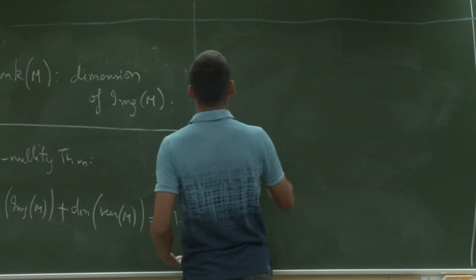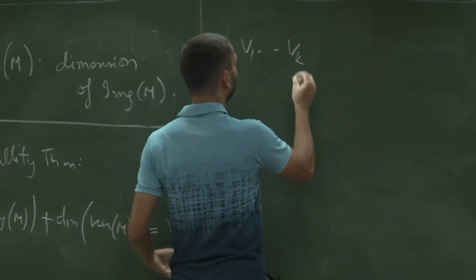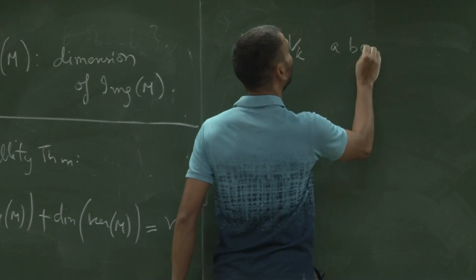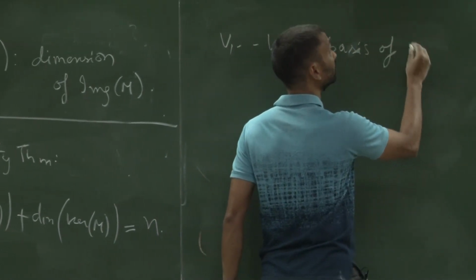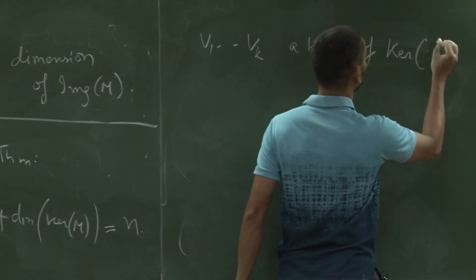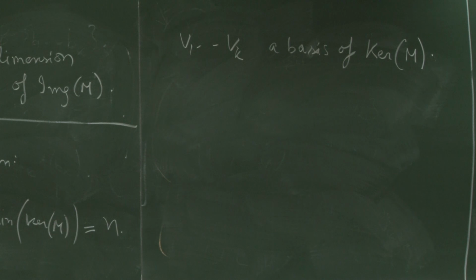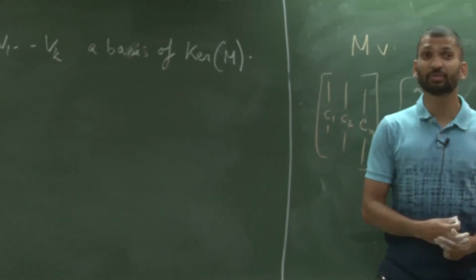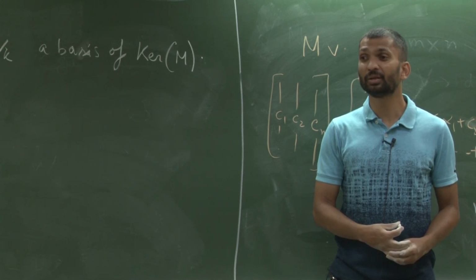And let me start with, so now let's say this is a basis of the kernel, okay, and then I want to create a basis of the image of M. What size should it be?